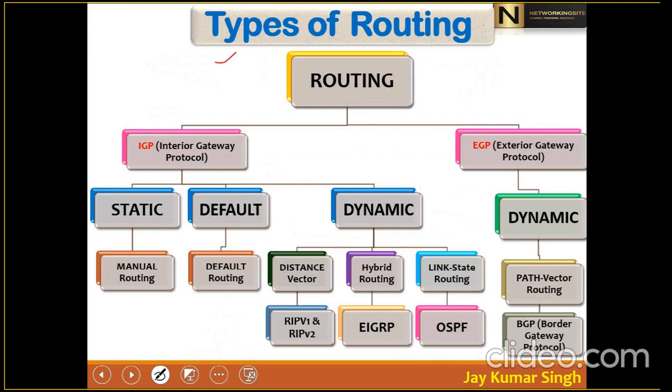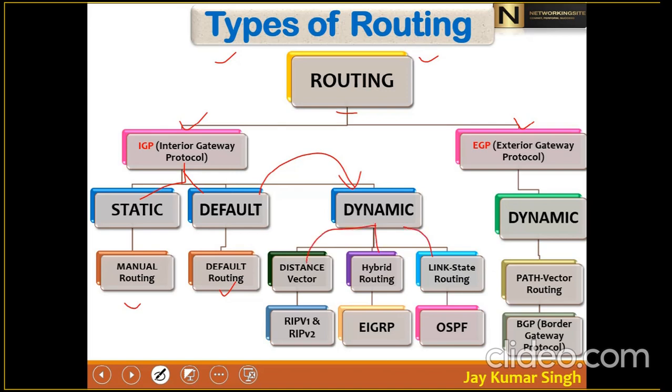Here we have two types of routing: IGP, interior gateway protocol, and exterior gateway protocol. The interior gateway protocols are divided into sections: static, default, and then we have dynamic. Static we have already completed, default we have already completed. Now we have to work on dynamic.